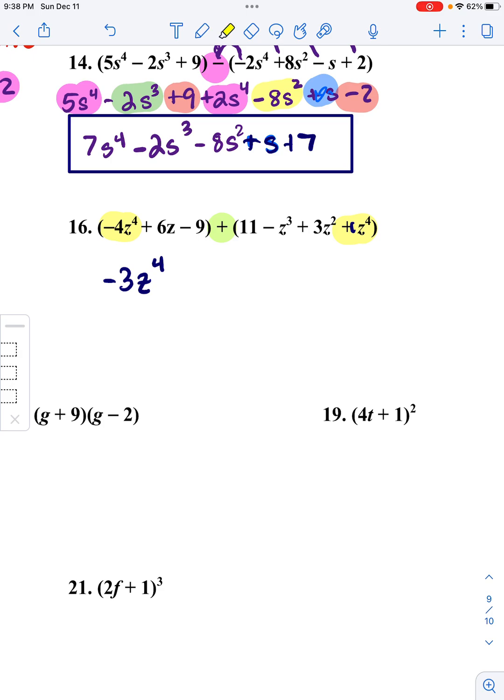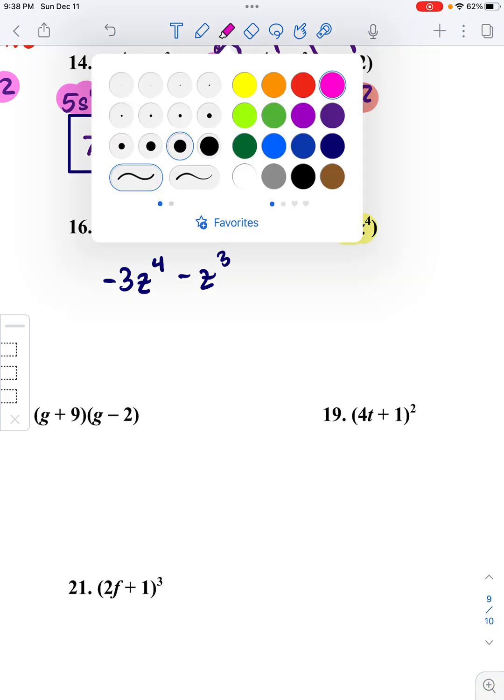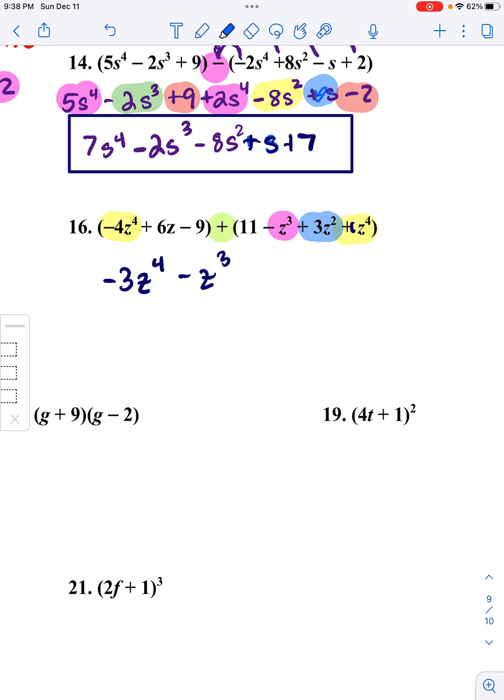Now I'm going to hunt around for any z to the thirds. I only see this -1 z to the third. Then I go back looking for any z squareds. All right, well, there's only one of those. So plus 3z squared.